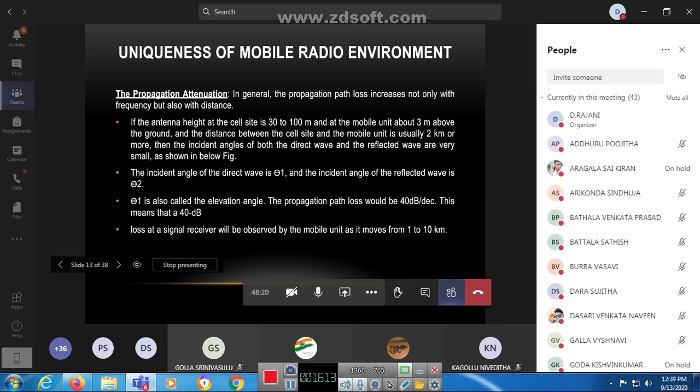The antenna height is some 100 meters or 500 meters, and up to that area it covers the nearer signals only. After crossing that tower range, the signal does not reach the base station, so the signals are out of coverage area. For example, when we go to mountain places or valley places, it will not cover the complete area, so signals are not covered.